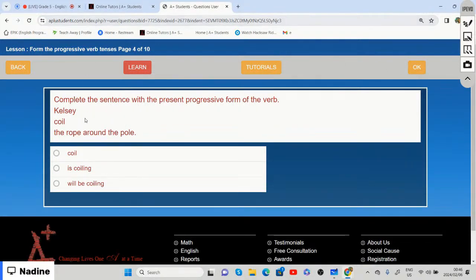All right, last one. Kelsey. This is now in the present progressive verb tense. So we say Kelsey coiled the rope around the pole. So in the present, which is now, do we say Kelsey coiled the rope around the pole, or Kelsey is coiling, or Kelsey will be coiling?